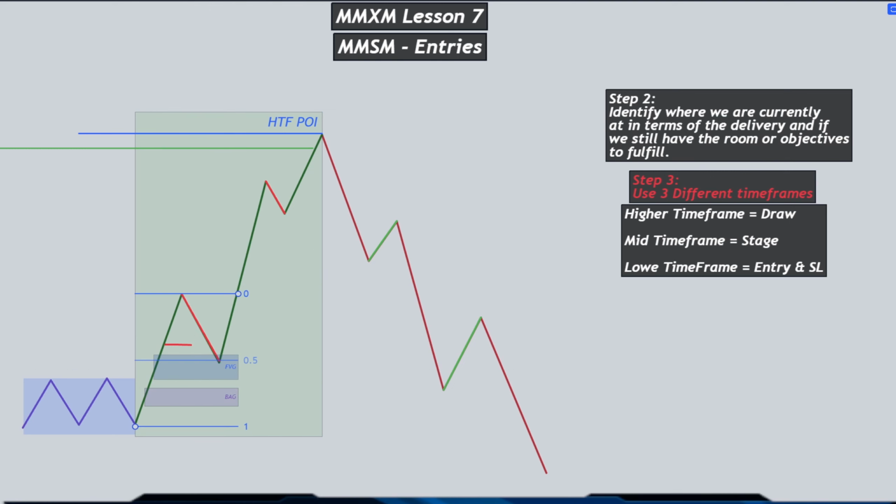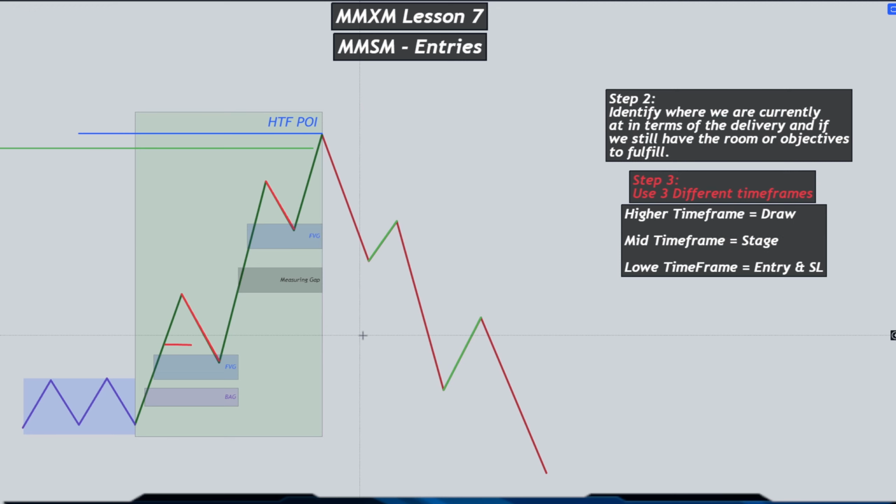Now let's talk about the second stage of accumulation, or the next entry that you can have. The next entry can be inside of the expansion leg after the first stage of accumulation happens, a fair value gap. Again, if it aligns with the time and the price, and if there is any inducement liquidity, this can confirm the high probability.